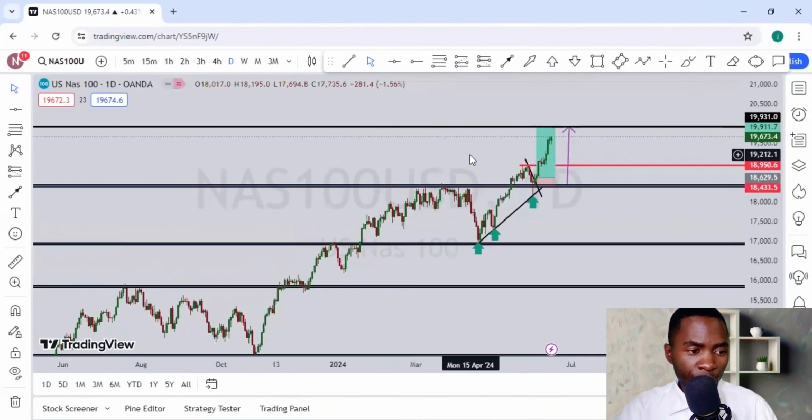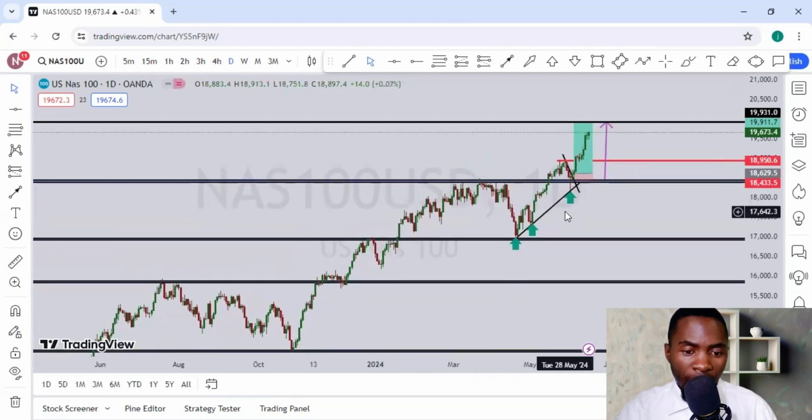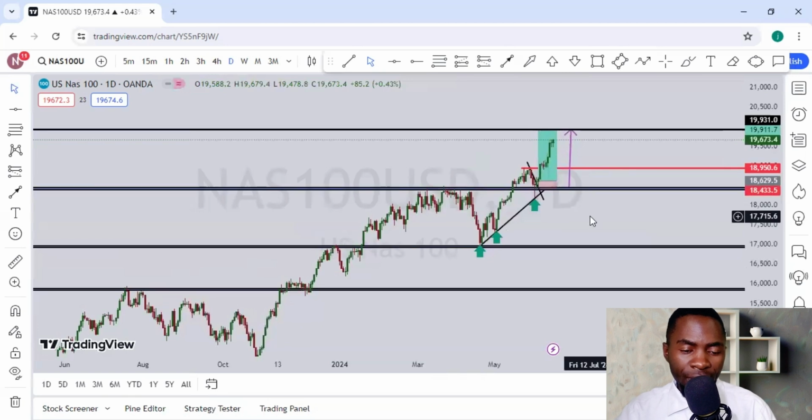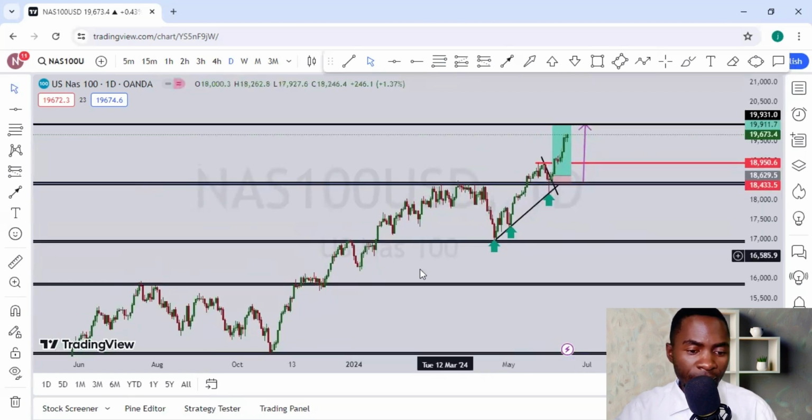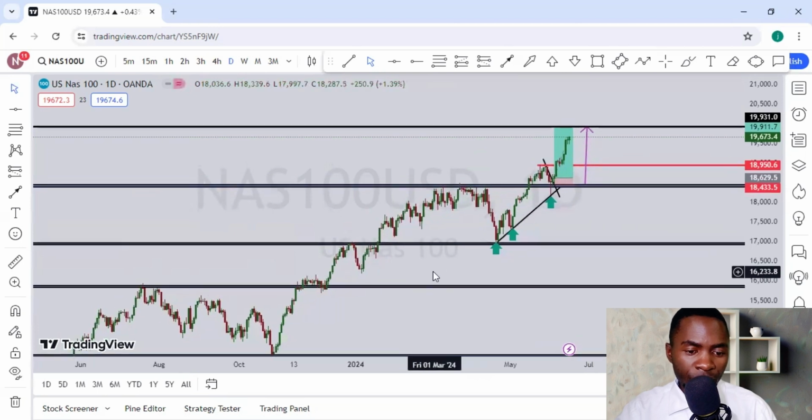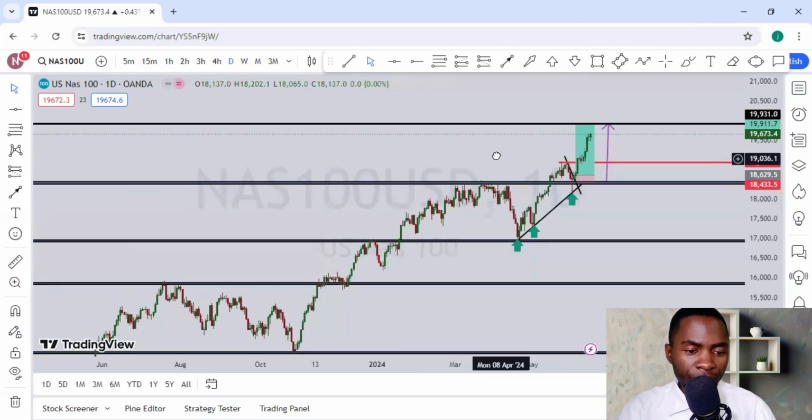We are going to start with NAS 100 on a daily time frame. I called this pair about 2 to 3 weeks ago. One thing that led me to take this trade is that it has two best confluences. The first one is a break and retest of a support and resistance zone.